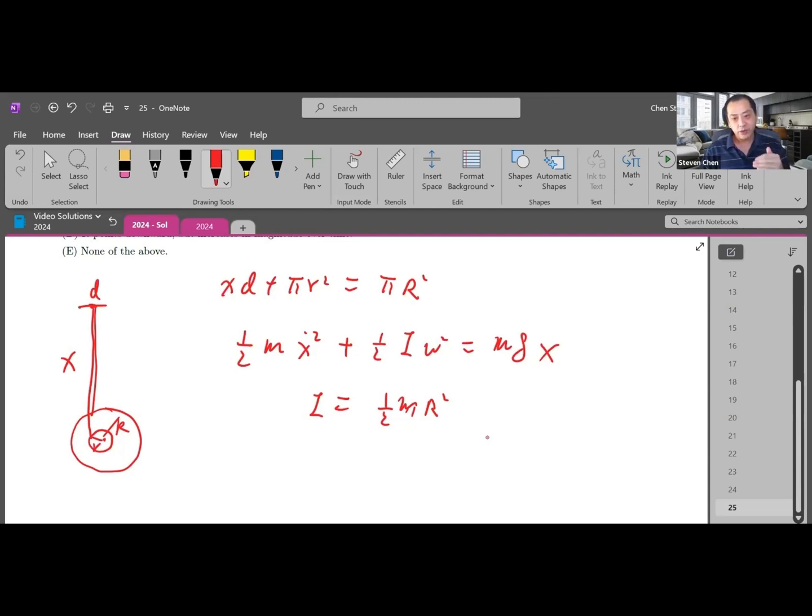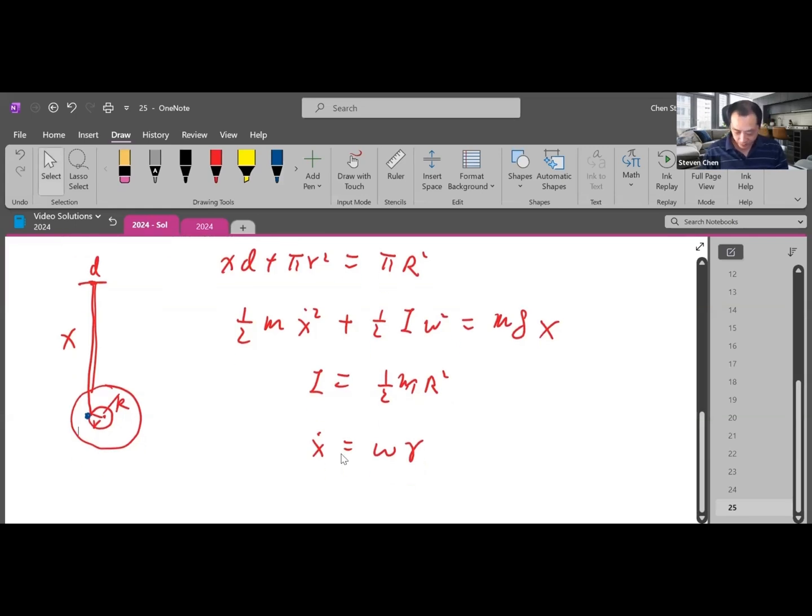Once the string is unfolded, at the unfolding point, there's no sliding, no slipping, right? Therefore, we must have that x dot is equal to omega times small r. That shows that the velocity at this point is 0. There's no slipping. Okay?